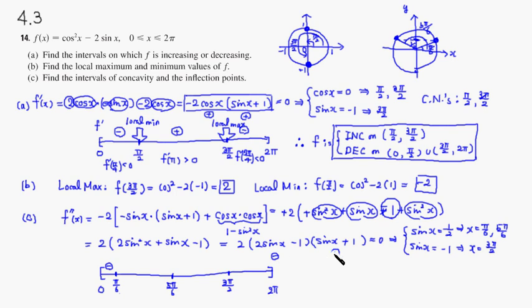So maybe I should erase that. Sorry, I said it wrong again. Sine of pi over 2 would be actually 1. So 2 times 1 minus 1 is actually positive. Sorry about that. Then this guy is going to be positive. So everyone is positive, so the second derivative here is going to be positive.